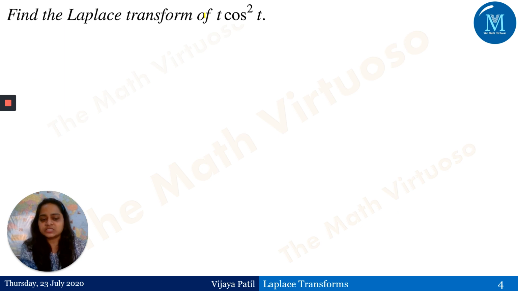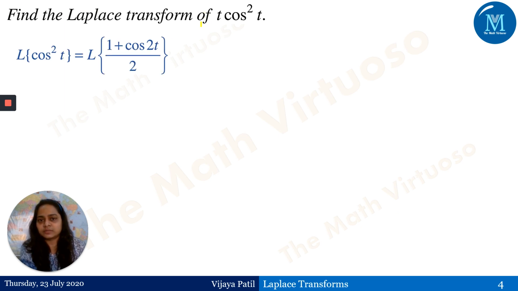Okay. Now we'll go for a few more examples. We have to find the Laplace transform of t into cos square of t, which requires the Laplace of cos square of t. Cos square of t we have to write using the trigonometric formula, that is (1 plus cos of 2t) by 2. So you have to be very thorough with the formulae.